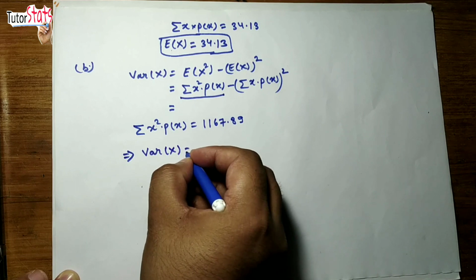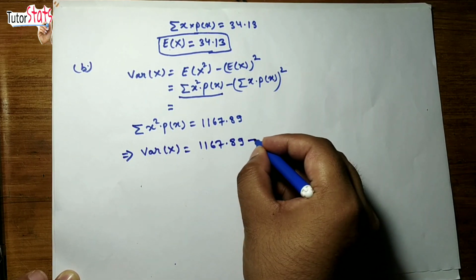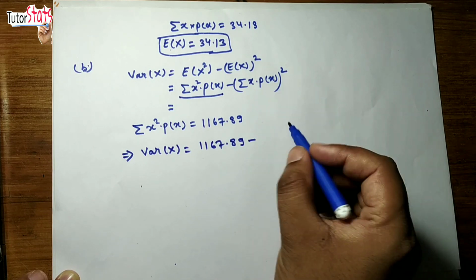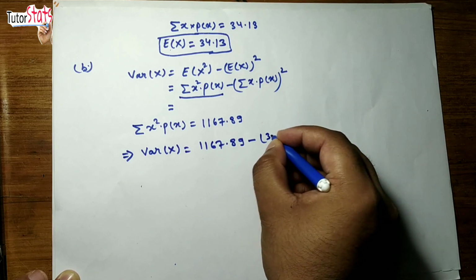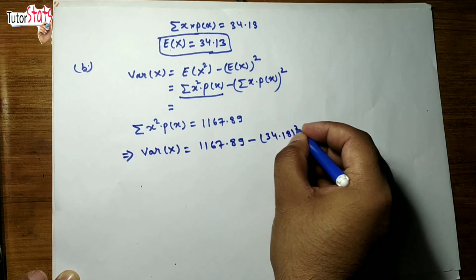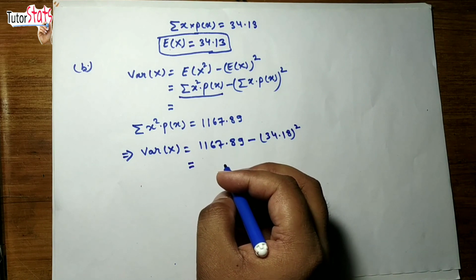Variance of x is equal to 1167.89 minus the square of summation of x into p of x, which is 34.13.